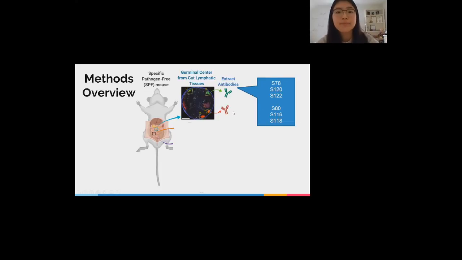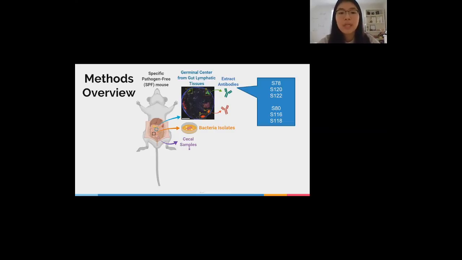We also had different bacteria isolates, so we had different cultures of specific species and strains of bacteria. And we also extracted the cecum, which is a structure in between the large and small intestine of the mice.